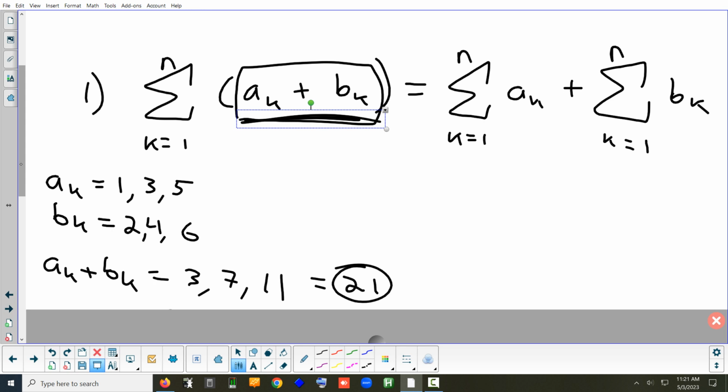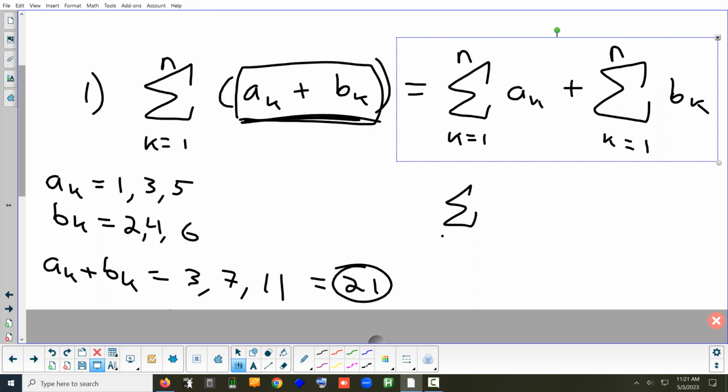Now the way on the right says forget about sequence B for a minute. Just add up all the numbers in sequence A. If we add up all the numbers in sequence A, what do you get? 9.